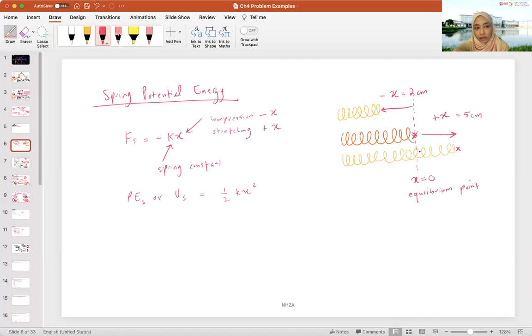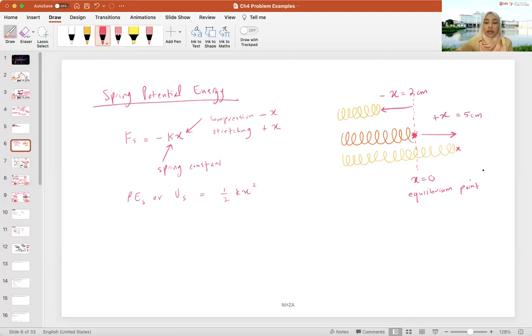When they talk about equilibrium position, it means the point where the spring is not being stretched or being compressed, and commonly we label the end of the spring to be the equilibrium position or equilibrium point. We label this as x equals to 0. Why is it important to label this? Because we want to know the direction of our force later.